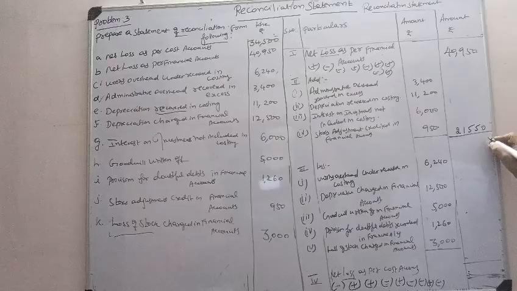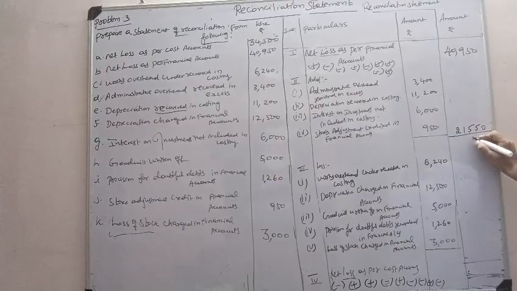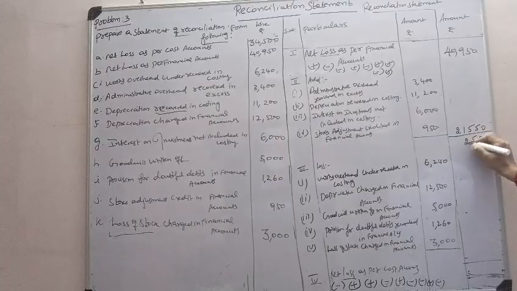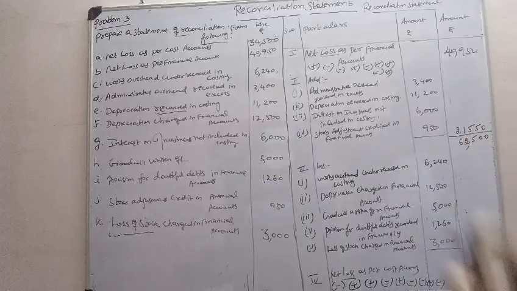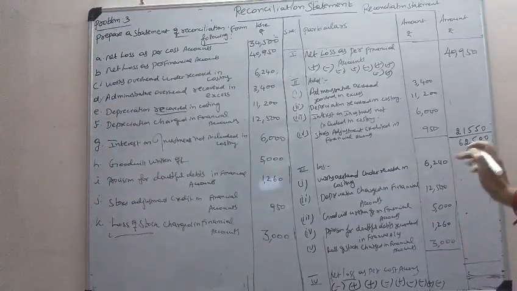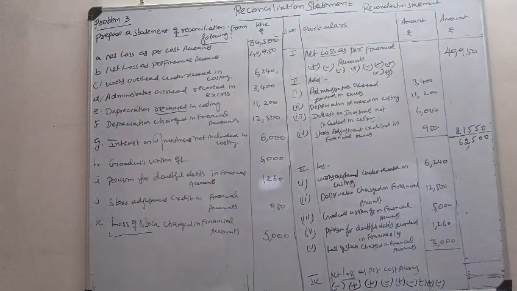Now add this 21,550 with 40,950: 62,500. Now you add the less items.